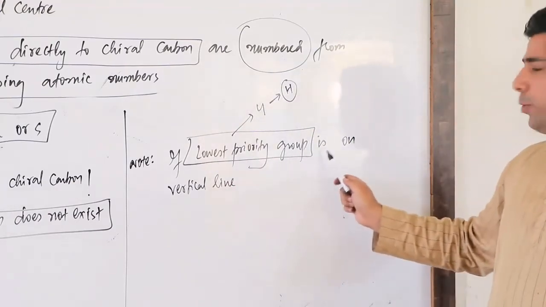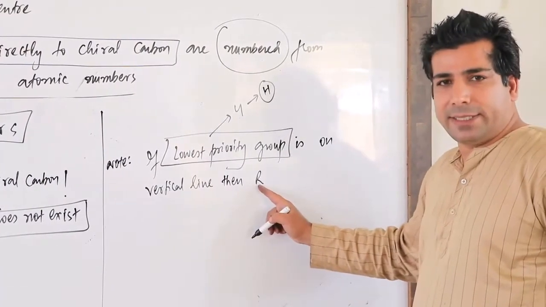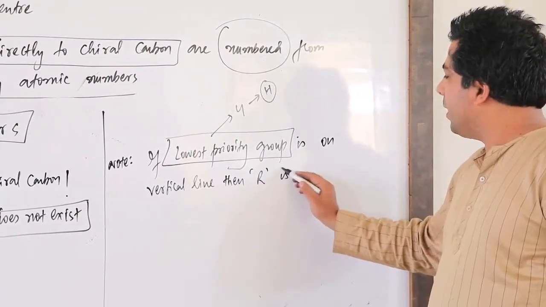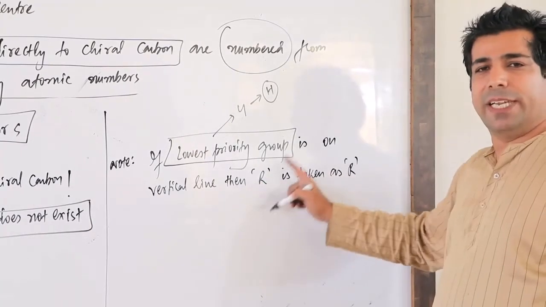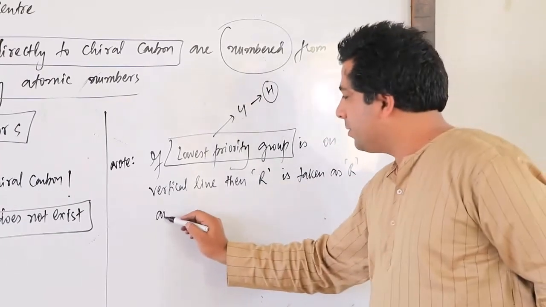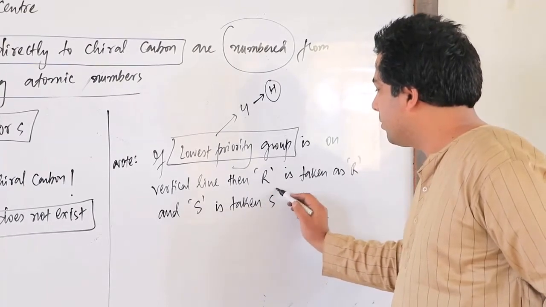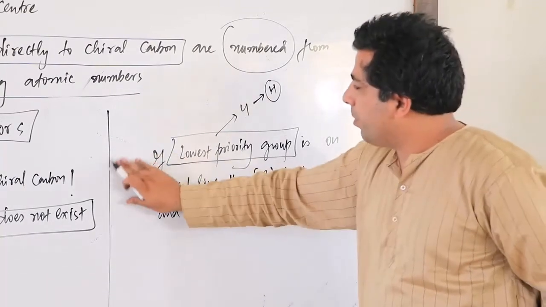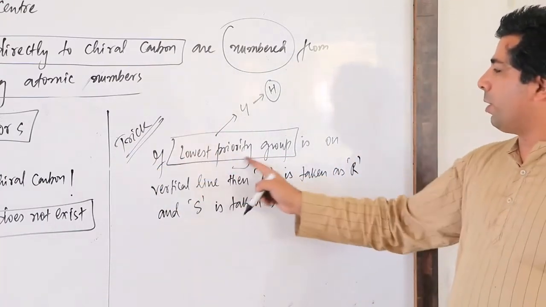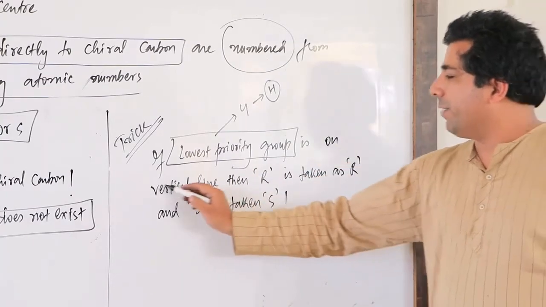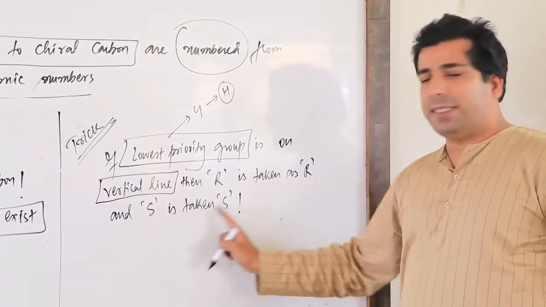If the lowest priority group is on the vertical line, then R is taken as R. That means rectus will be taken as rectus only, and sinister is taken as sinister. So these are the tricks actually. Please remember this trick. If the lowest priority group is on vertical line, then R is taken as R and S is taken as S.